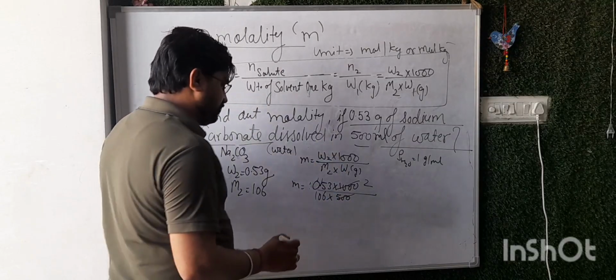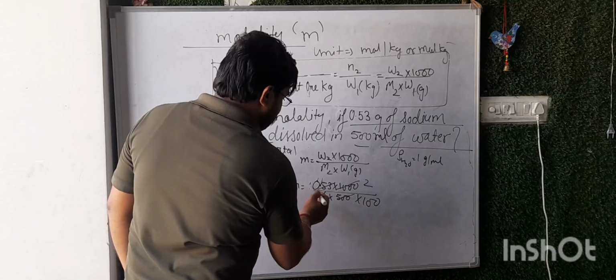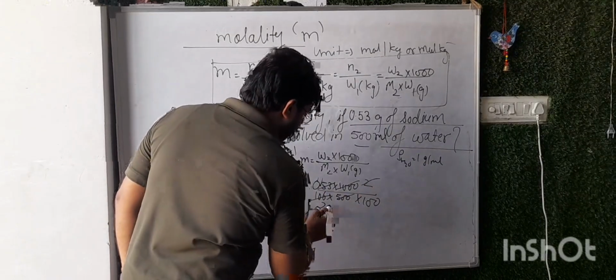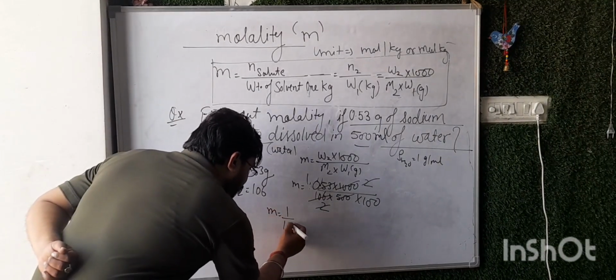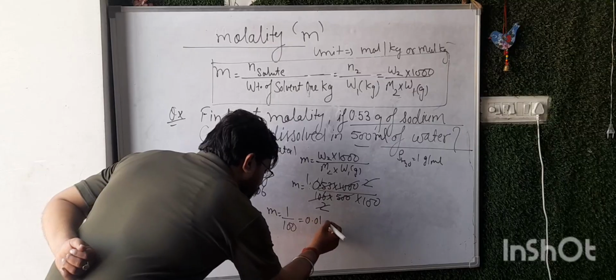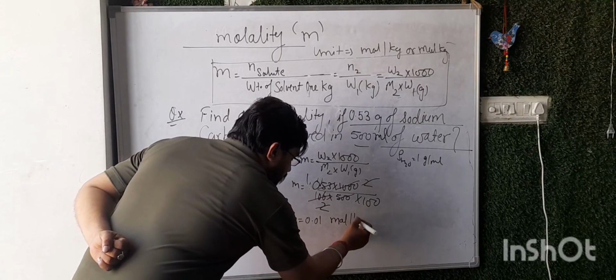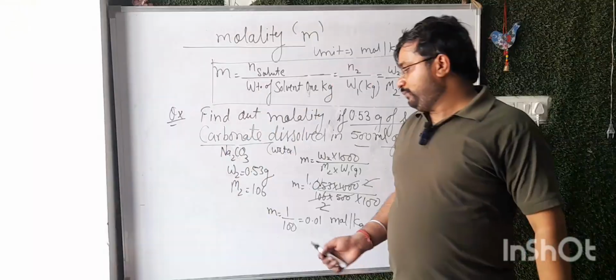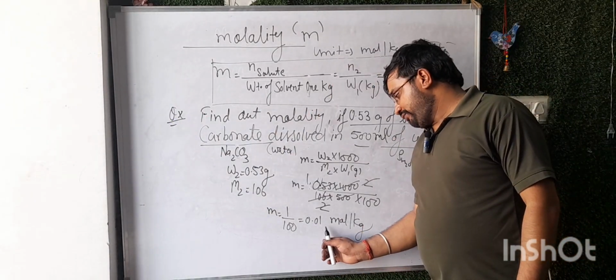Now it is 53, 53 twos are 106. Now we cancel 2 from 2. Only 1 by 100 remains here. 1 by 100 means 0.01 mole per kilogram. So what is the molality of this solution? The molality of this solution is 0.01. That means 0.01 mole of sodium carbonate is present in 1 kilogram of water.